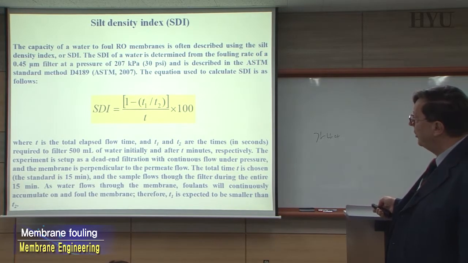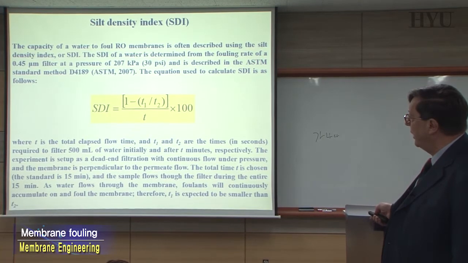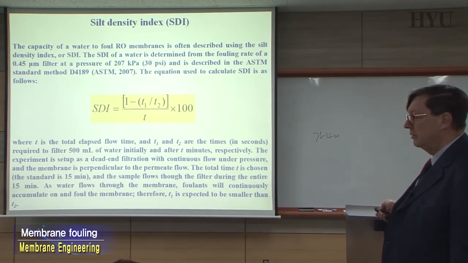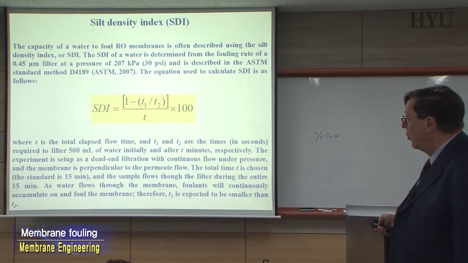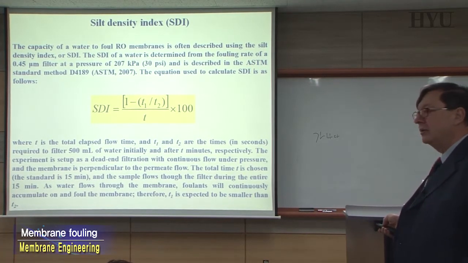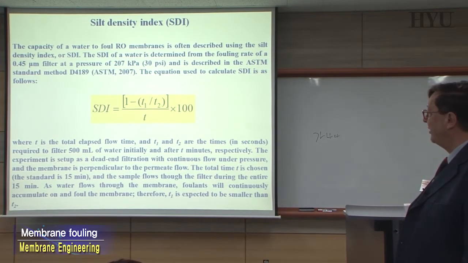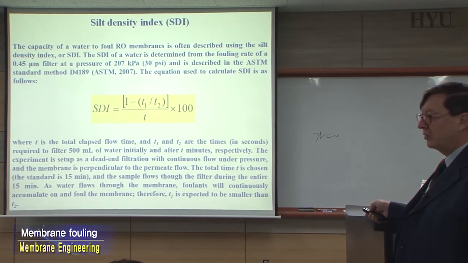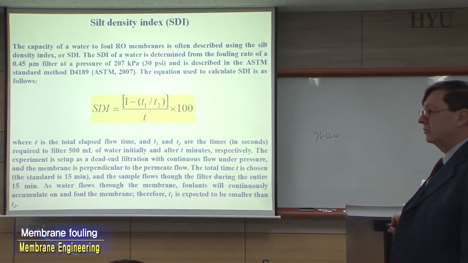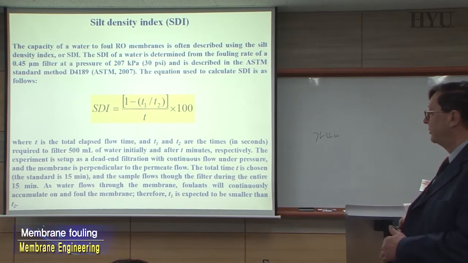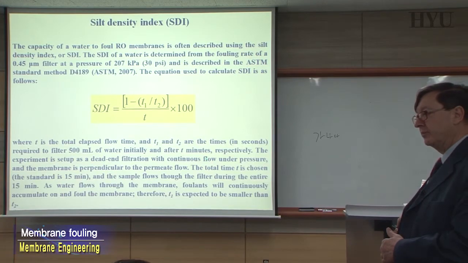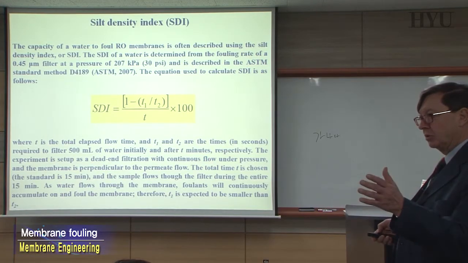The equation that you are using in this case is this one. SDI is (1 minus T1 over T2) over T, times 100, where T is the total elapsed time, and T1 and T2 are the times measured in seconds required to filter through these membranes, 0.45 microns, 500 milliliters of water, initially and after time T respectively. That means you start with clean water.